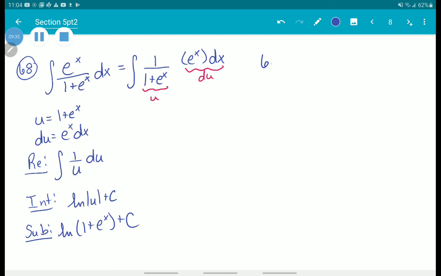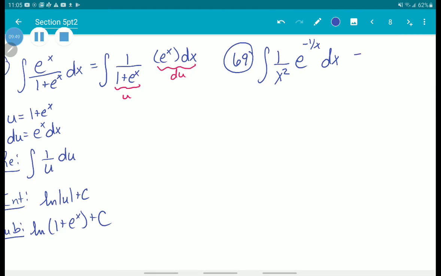Let's look at 69. We've got 1 over x squared, e to the negative 1 over x dx. So I'm going to rewrite that this way.